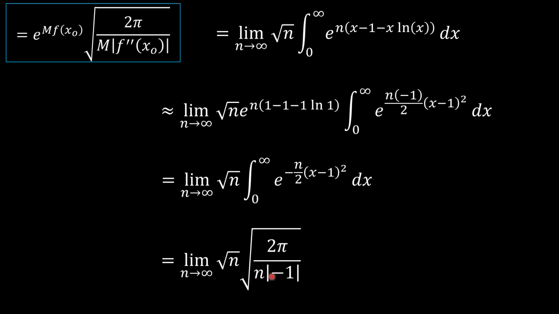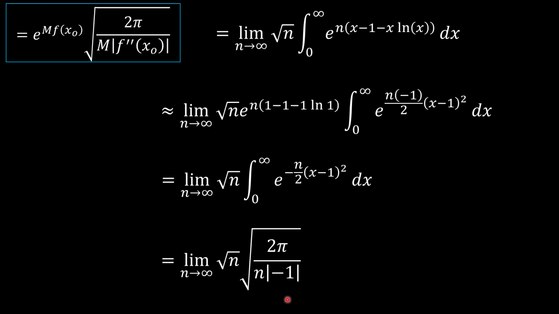So we have the absolute value of negative 1, and then we have n in place of M, and then we have 2 pi. And this constant here is going to remain here, as shown, which is important. As you can see, the square root of n and the square root of n would cancel, and therefore we won't have any n remaining.